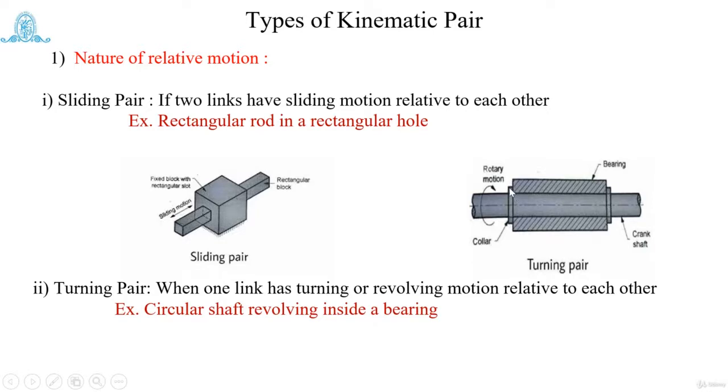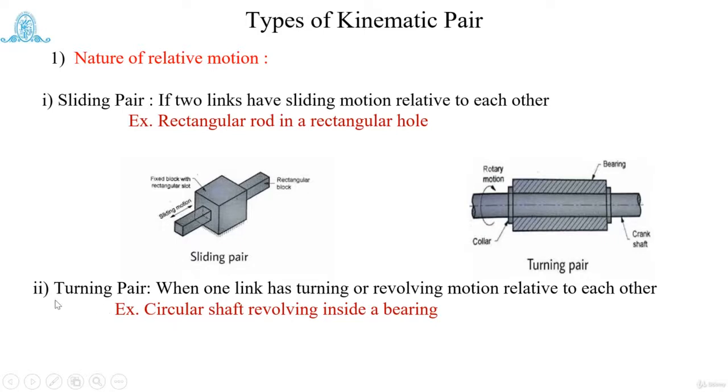Collars are provided to restrict the to and fro movement, meaning the forward and backward movement, of this shaft. As the shaft is circular, it will be able to rotate inside that bearing, or the hole, and in that hole this shaft is going to rotate.